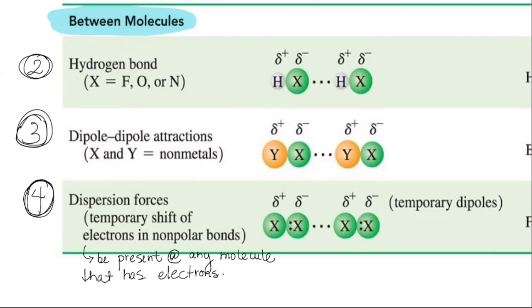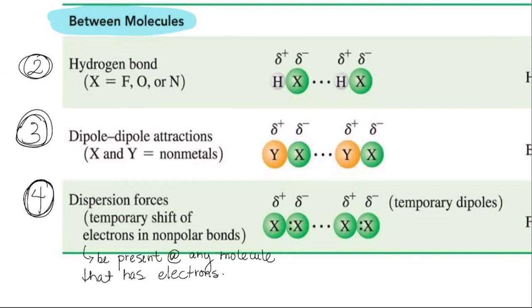Now, this is how dispersion forces actually work. So we learned previously that when it comes to electrons and the presence of them in a particular molecule, the electrons are going to be circling around that positive nucleus.